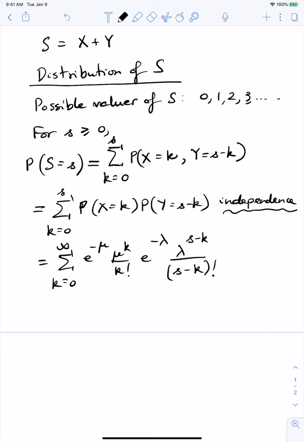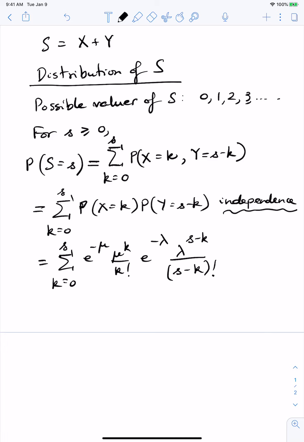To simplify that sum, there's an awful lot of letters there. It's a great idea to see what the constants are. By constants, and already we have an error, that's not an infinity, that's an S. Constants are the numbers that don't depend on k. Now e is just our universal mathematical constant. Mu is a constant, lambda is a constant.